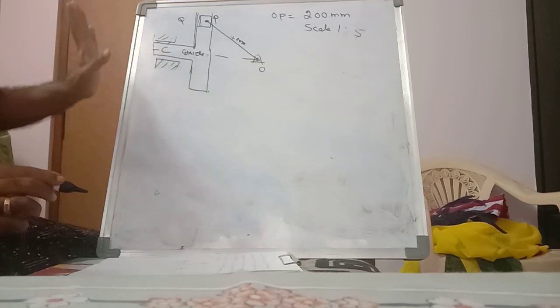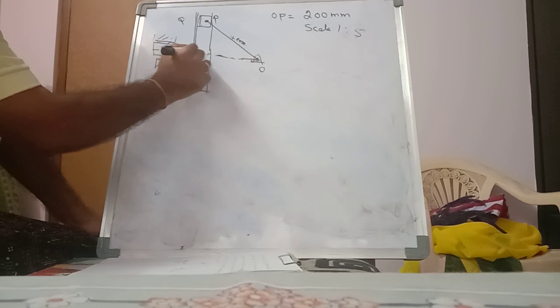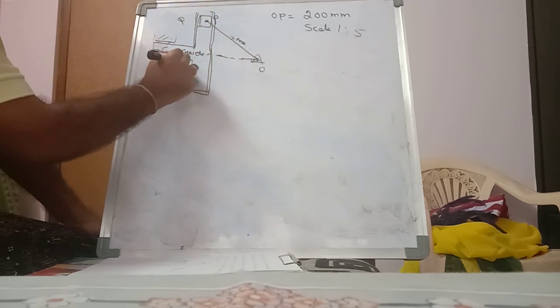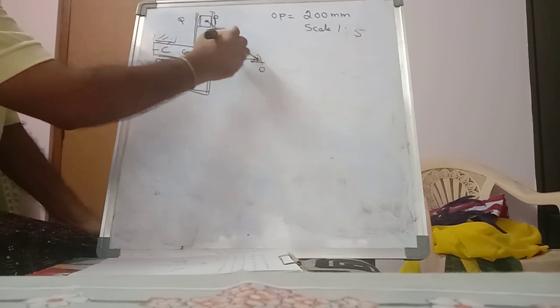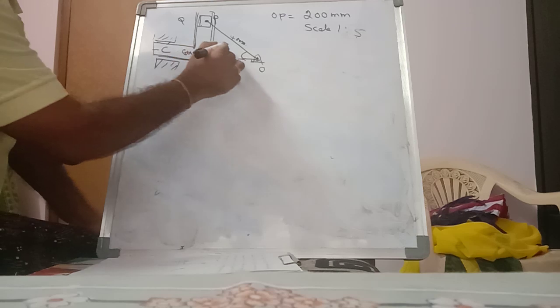You have to draw the same diagram, and you can take it at any location, there is no issue because this total guide is a single part. So you have to draw OP. The OP length is 4 cm and its angle is given as 30 degrees.